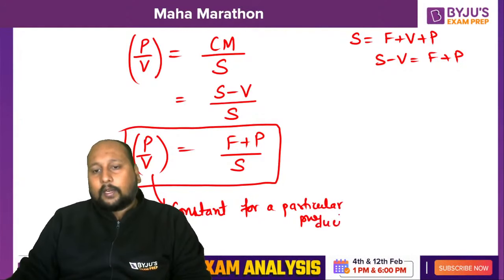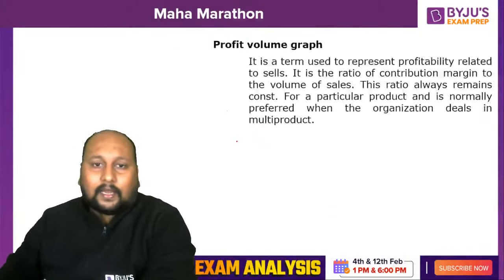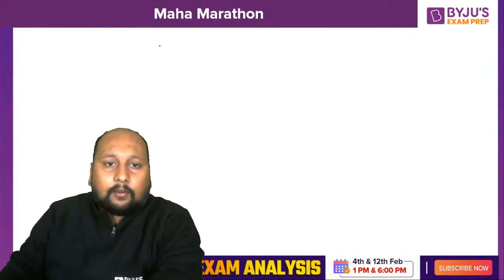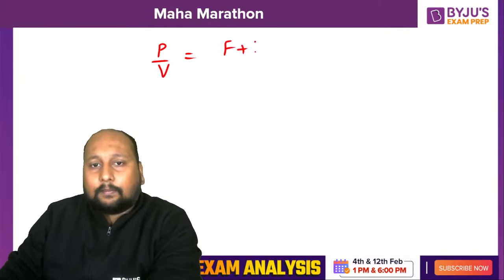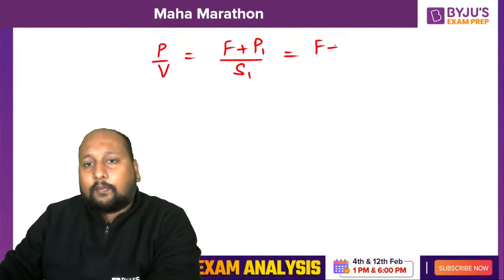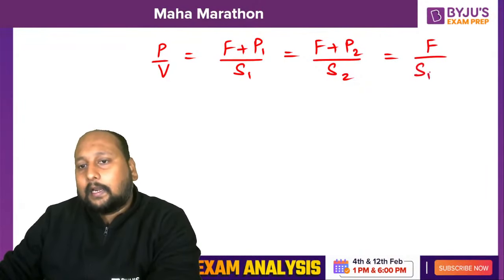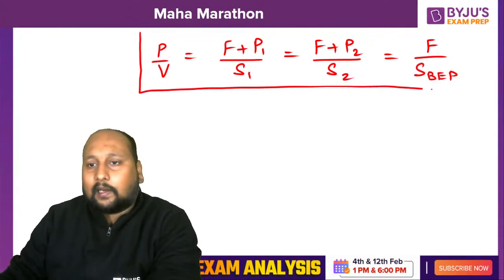So can we say that P by V is equal to F plus P1 by S1, which is also equal to F plus P2 by S2, which is also equal to F by S at the break-even point? Can we write this relation?